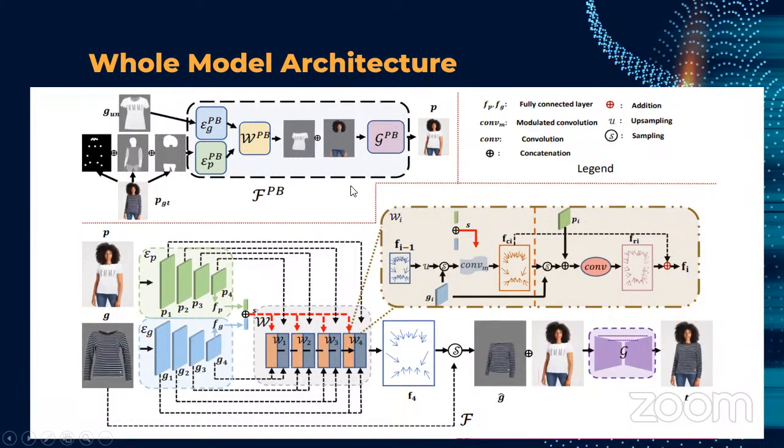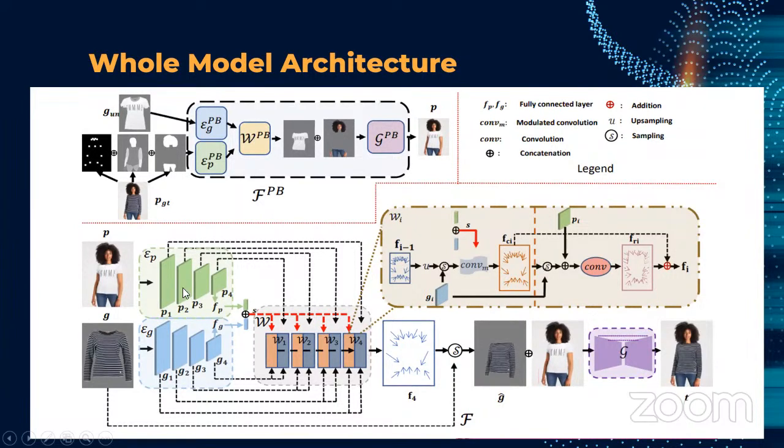So this warping module uses different layers, and the warping module W_N for N layers consists of the predicted coarse flow, F_CI, as you can see, and F_RI, the refinement flow network.